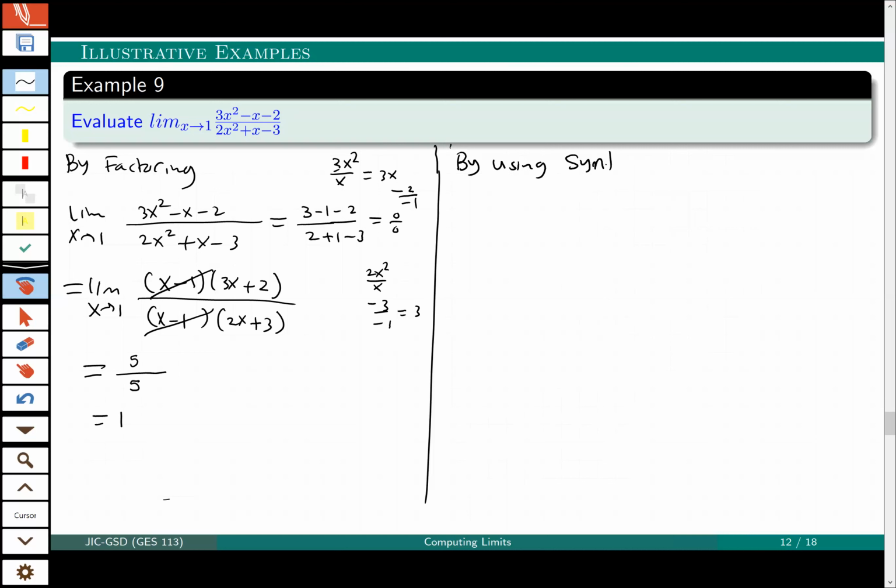Now, the second method, by using synthetic division, we could say the limit when x goes to 1 of 3x squared minus x minus 2 divided by 2x squared plus x minus 3.